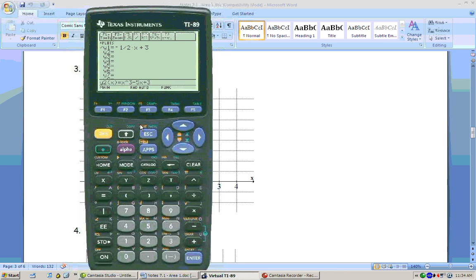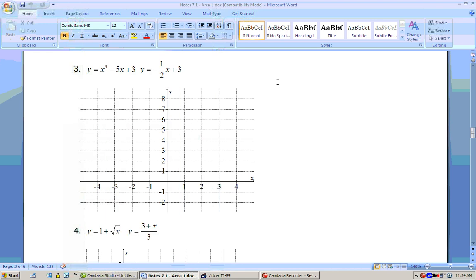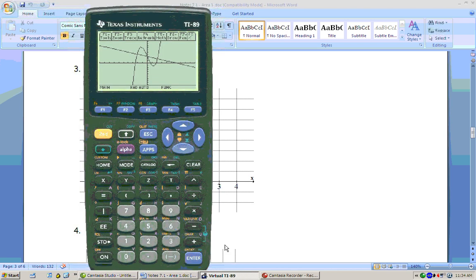Okay, the first thing I want to do is find the leftmost point of intersection. So if you're having trouble with the points of intersection, follow along as I go. All right, so F5, 5.